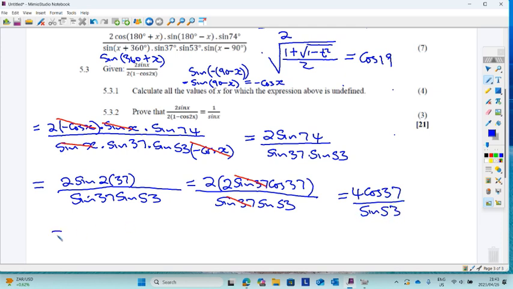It's cofunctions. So cos 37 is equal to sine 53 there. This is over sine 53, and cancel these two, so that whole expression simplifies to 4. So that's what we're supposed to do for this one.